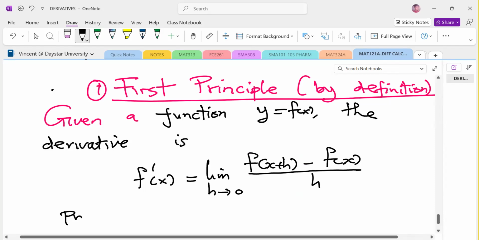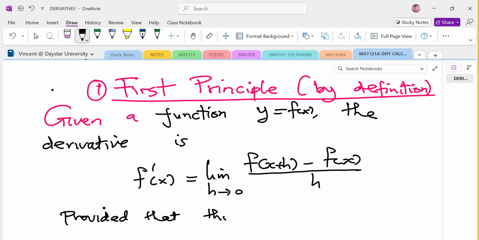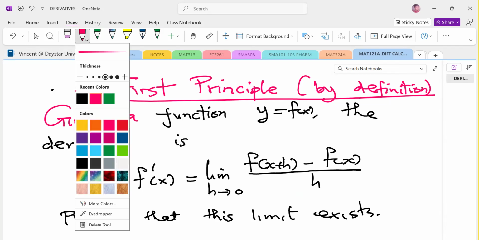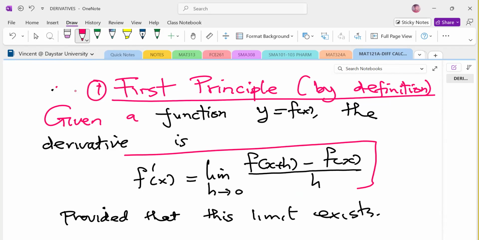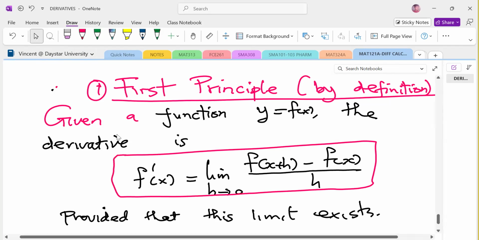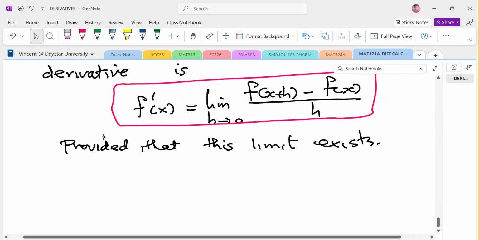Then we usually say provided that this limit exists. So this is how we compute the derivatives by what we call the first principle. It's just the same thing as working out the definition we gave on what a derivative is.